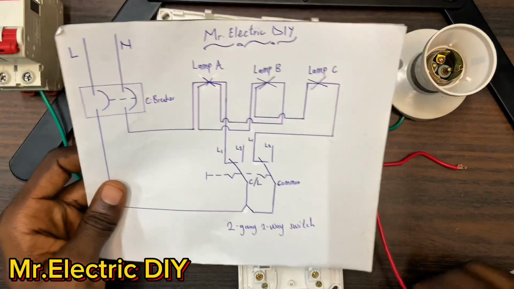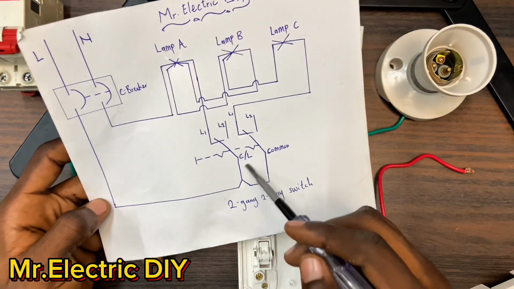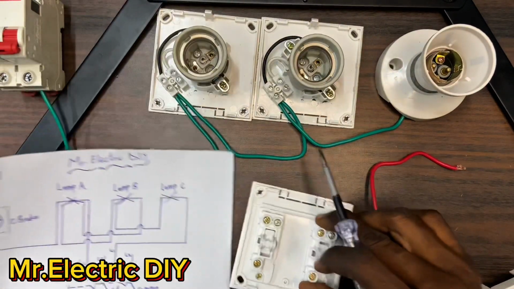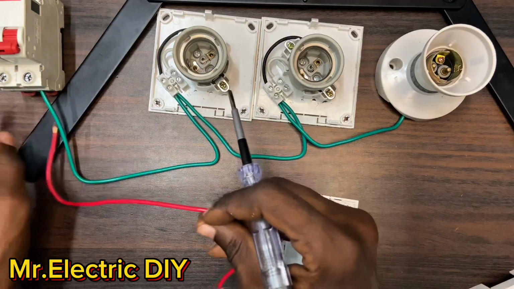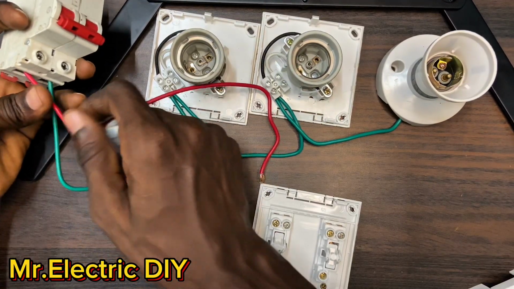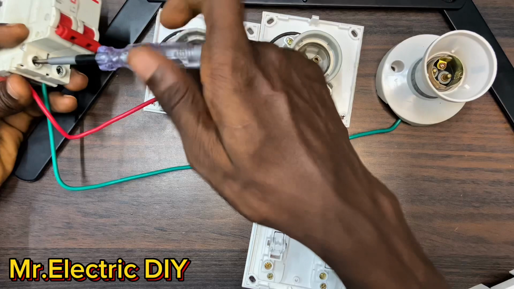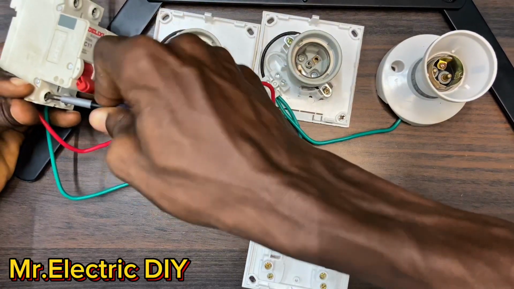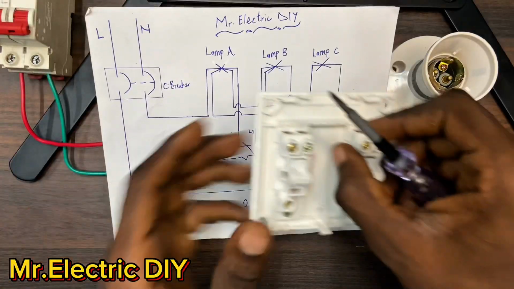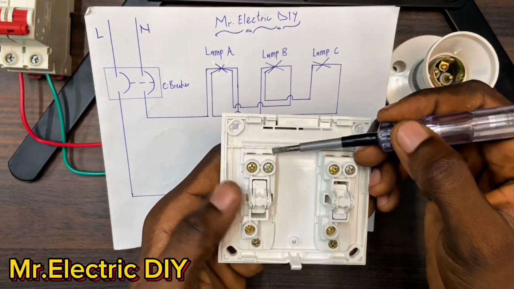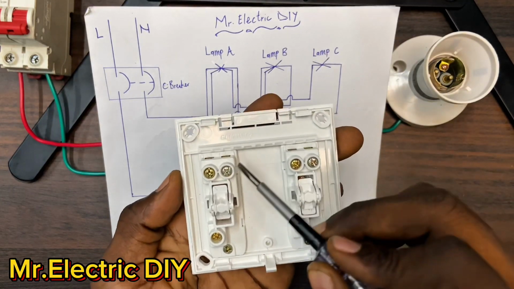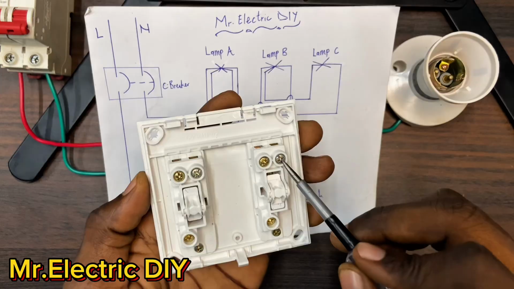What we have to do is to connect the main live to the common of the switch. This is the main live. We have the common or the L at this side. This is the live or the common. This is also the live or the common.